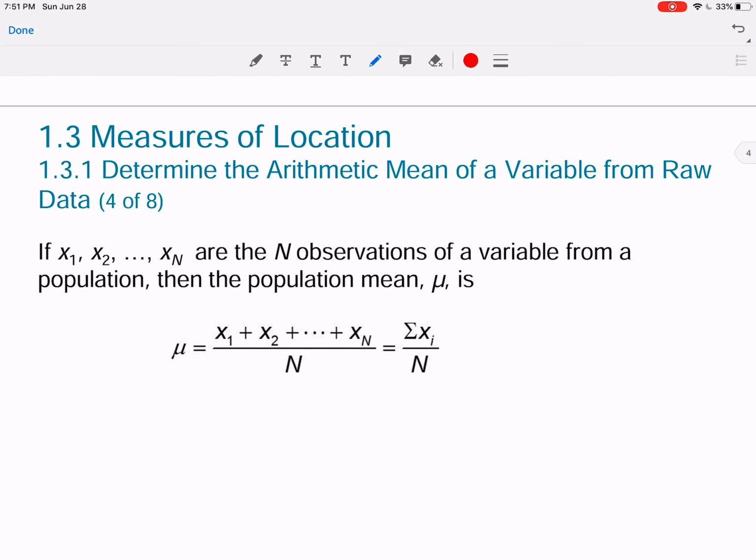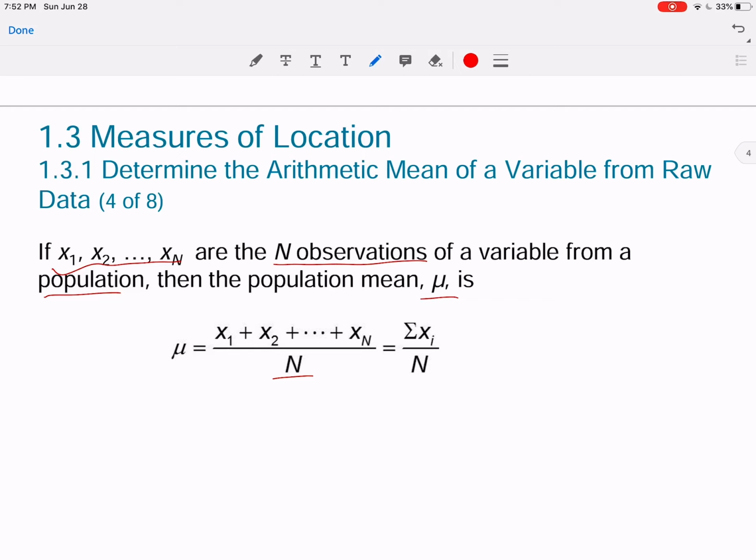Now, let's take a look at the formula. Pretty straightforward. So if x1, x2 through xN are the capital N observations of a variable from a population, of course, we're going to calculate the population mean mu, which is equal to, we add all of the x values together on the top and then divide by the N here.